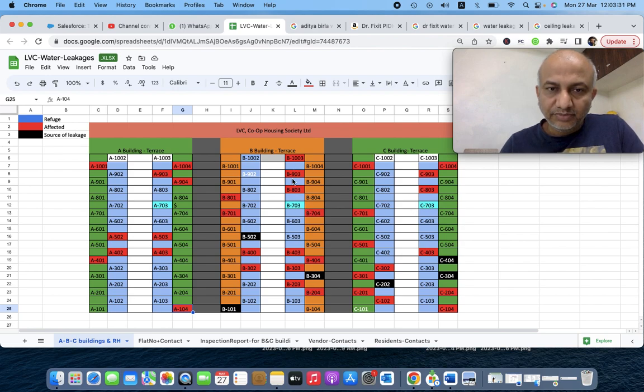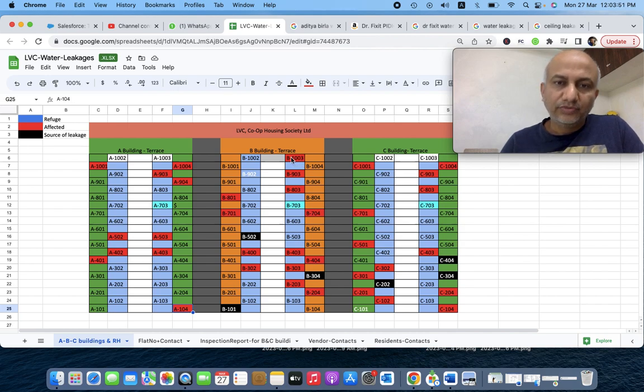Now, in the case of B building, if you see, B1003 is affected, 903 is affected, and 803 is affected. So what this means is you have to inspect the flat B1003.